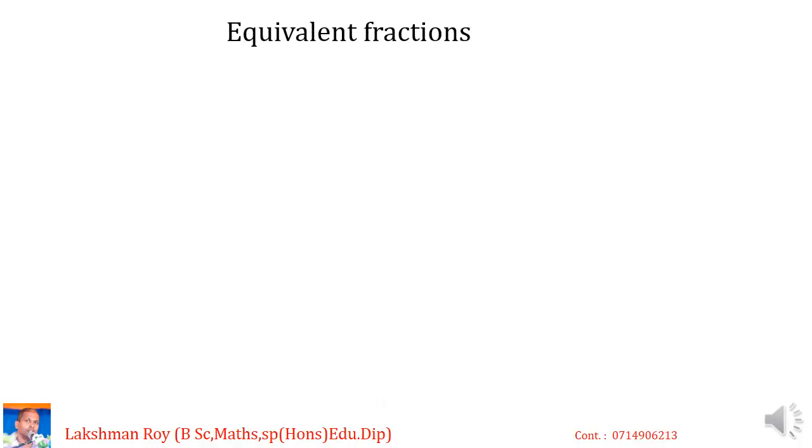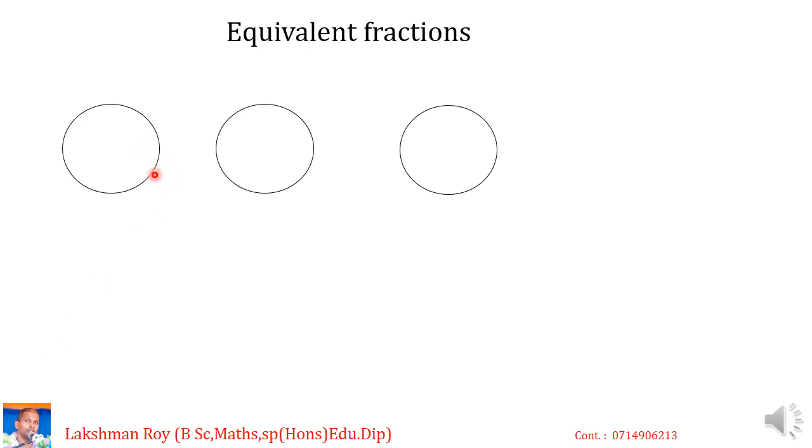Right. Now let's see what equivalent fractions are. Here you can see whole figures. I take three whole figures, and each is a whole figure, a unit. Now what I am going to do is color a portion.